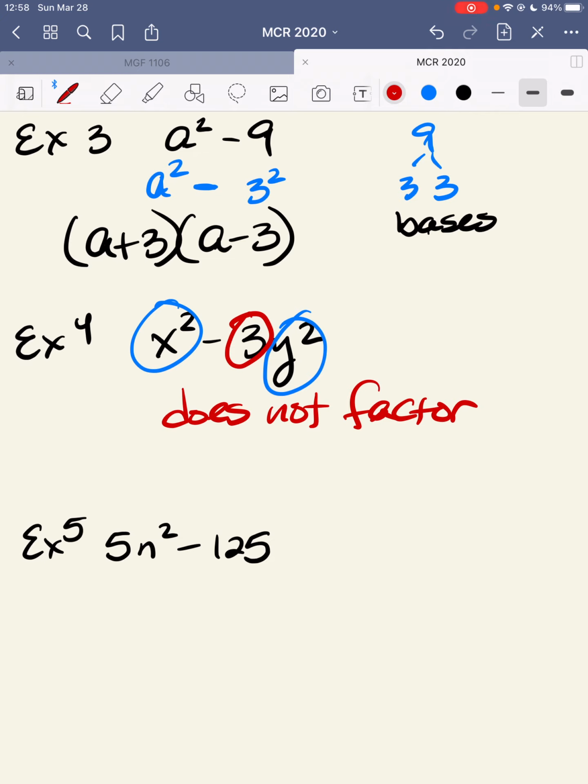Example 5, we have 5n squared minus 125. N squared is a perfect square. 5 and 125 are not. However, this particular problem has a GCF, which, remember, is always our first step in factoring. Okay, so remember, if we have a GCF, we should first factor that out. So 5 and 125 are both divisible by 5. I should go ahead and take that out.